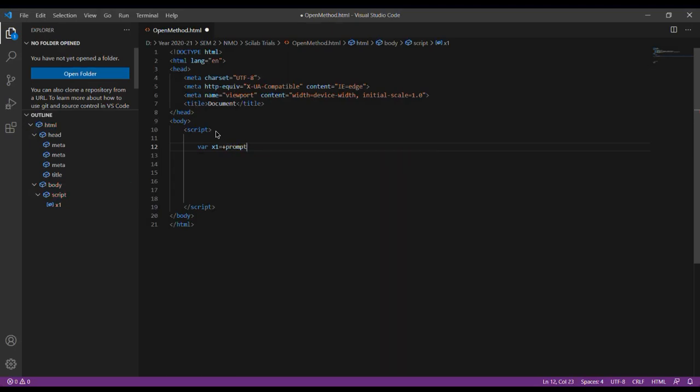In the parenthesis, that is round bracket, in your keyboard that is shift 9. In double quotes write down enter initial guess. And complete the round bracket and then semicolon at the end of the statement.